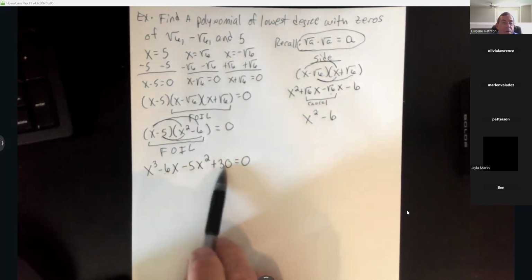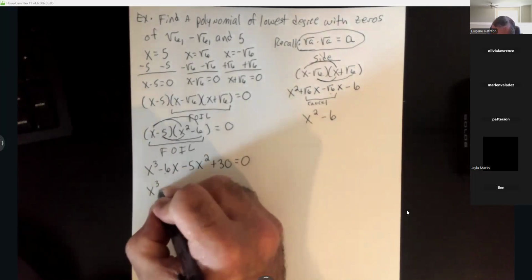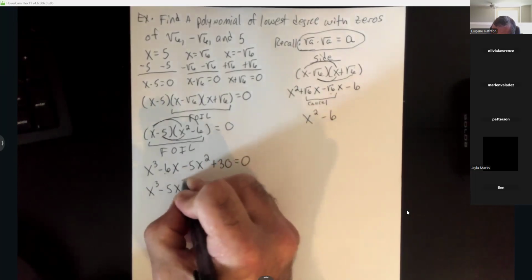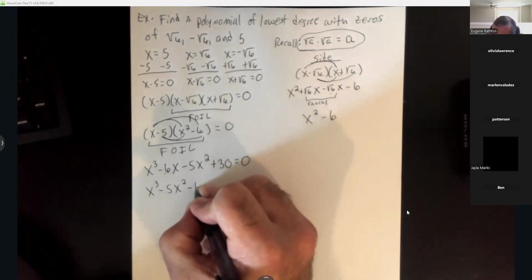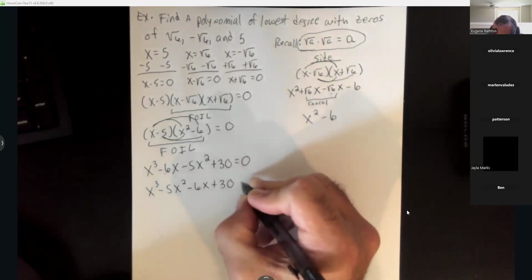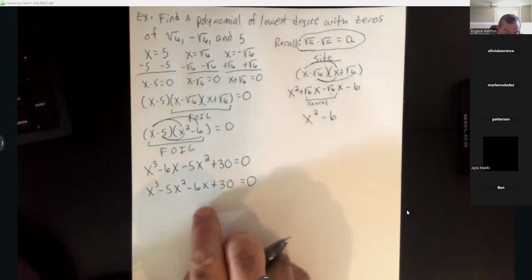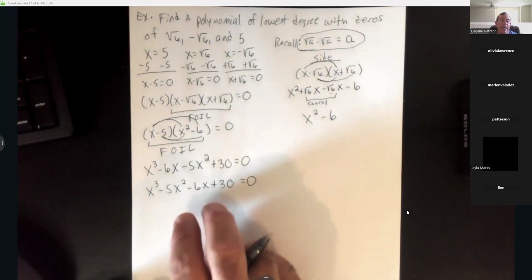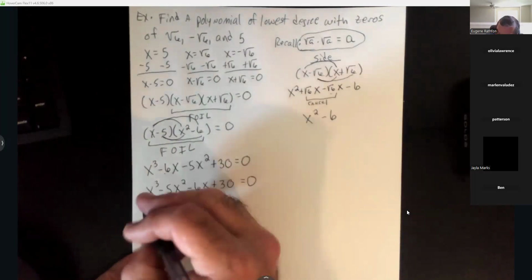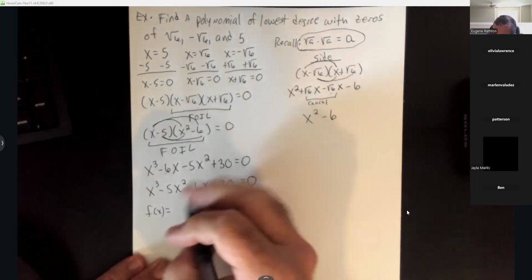And y'all, the only thing I'm going to do to this is rearrange it to get it in descending order. So my x cubed minus my 5x squared minus my 6x plus my 30. Then on that one, MyMathLab was pretty much A, B, C, D. So you wanted the one that had f of x equal this.